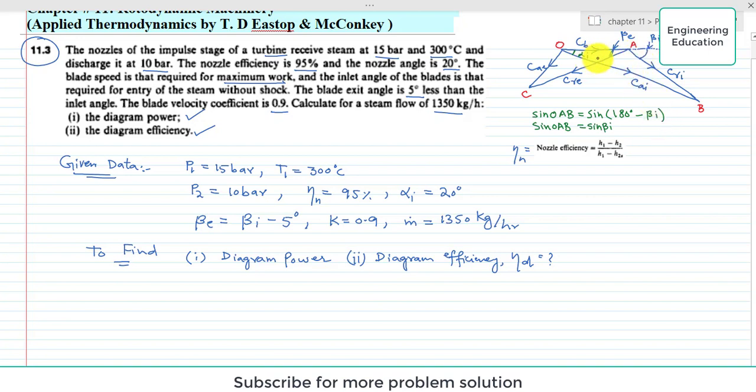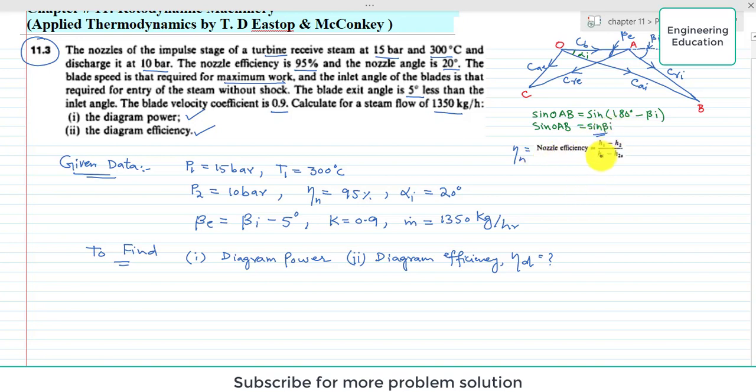From this velocity triangle, for the angle OAB, if we take the sine of OAB, it is equal to sine of 180 degrees minus beta I, and if we expand it, we get that sine OAB is equal to sine beta I. This will be used later on in the solution of this problem, so it is highlighted over here at the start.